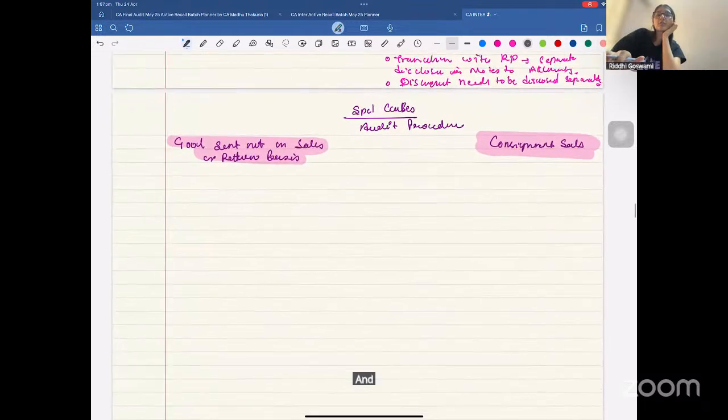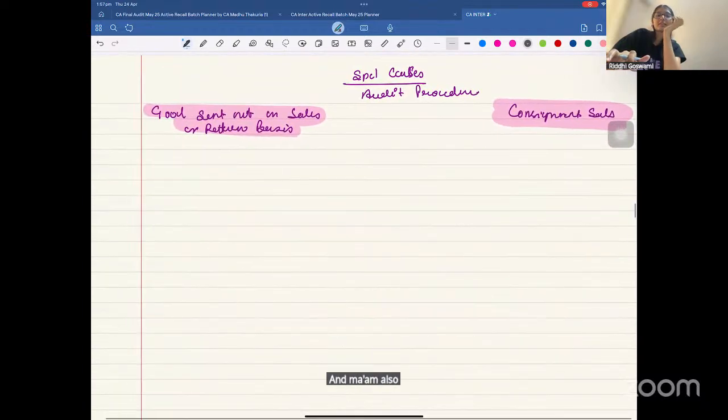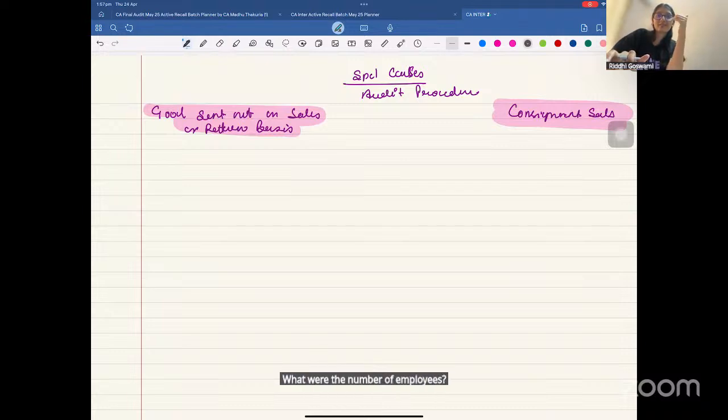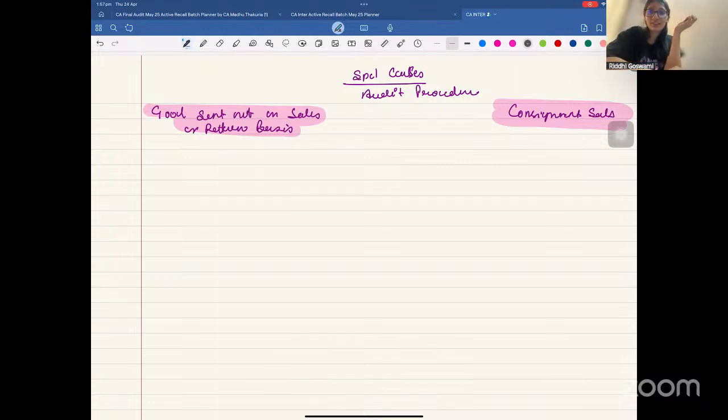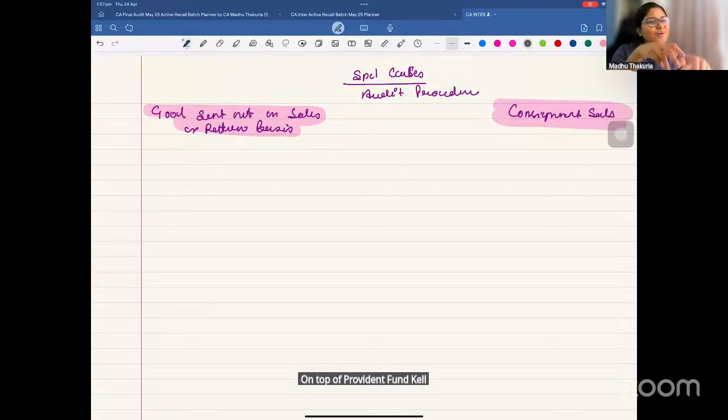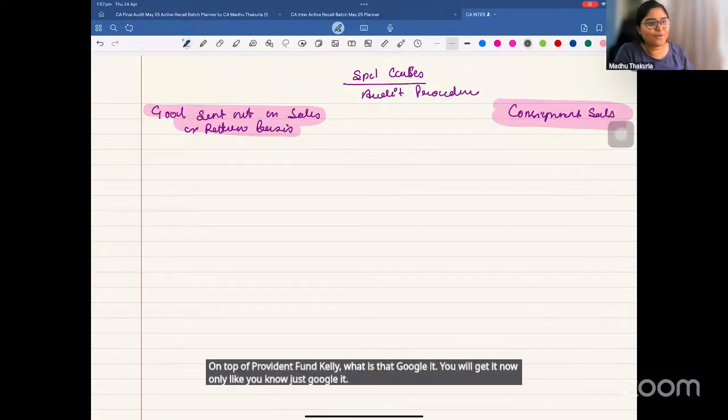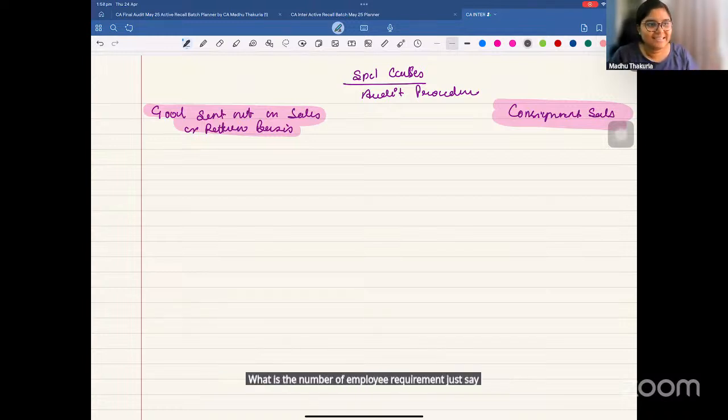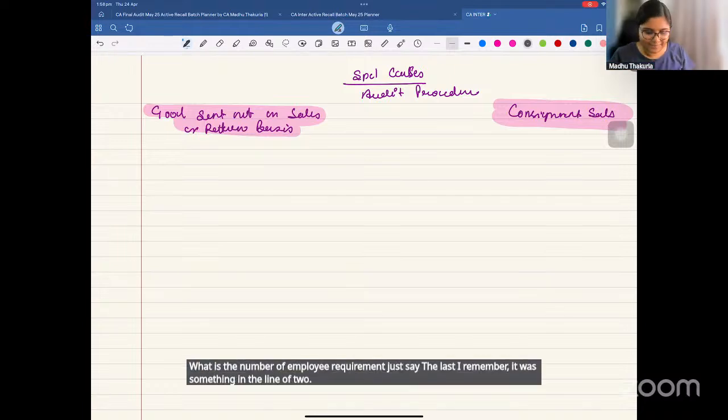Ma'am, also for provident fund, what was the limit on the number of employees? Just Google it, you will get it now only. What is the number of employee requirement? The last I remember, it was something in the line of 20, but I'm not 100% sure.